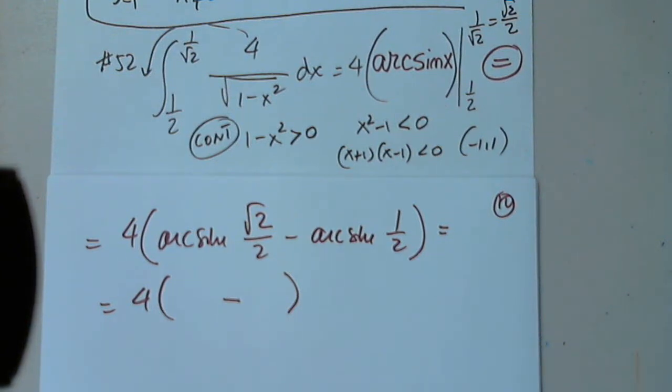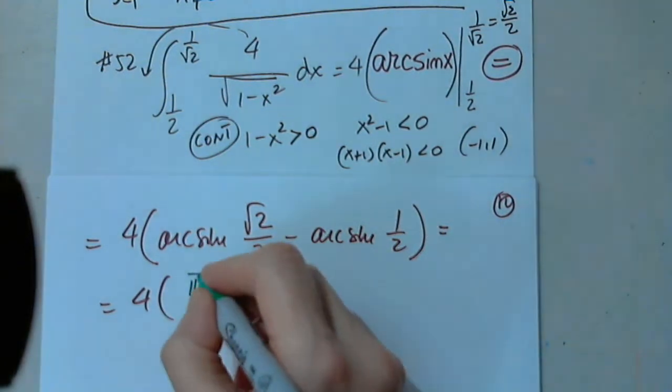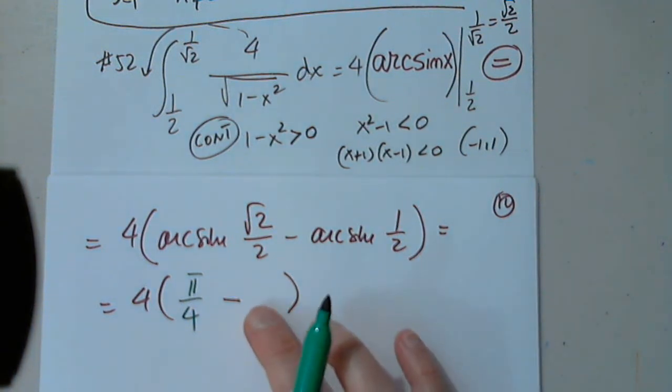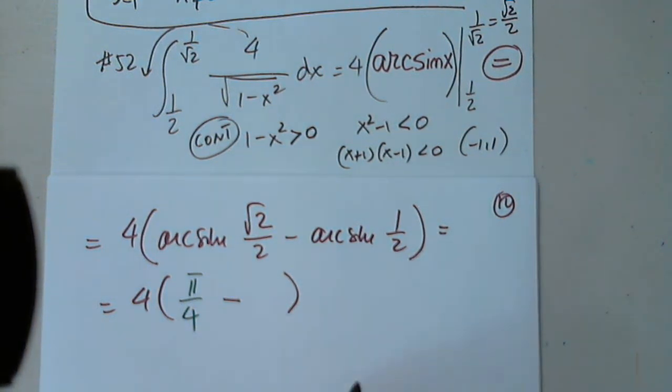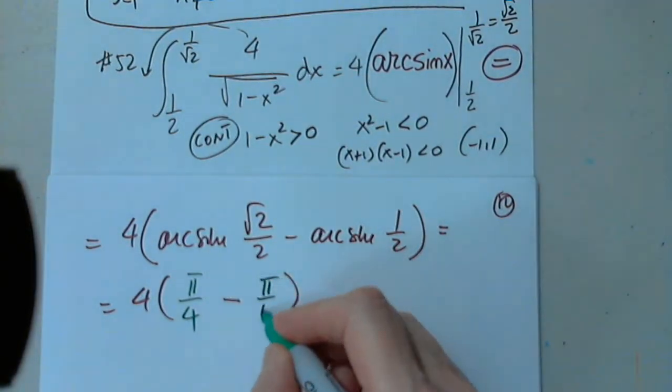I refuse to believe that. Which angle has sine the square root of 2 over 2? 45 degrees. Very good. And which angle has sine 1/2? And we have to write it in radians. Pi over 6. That's it.